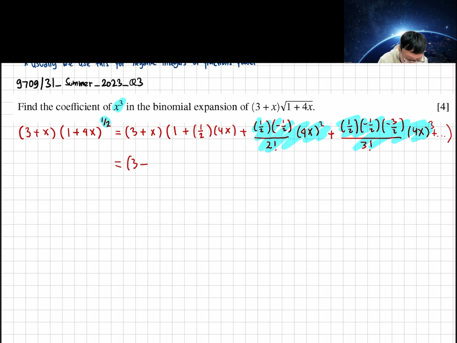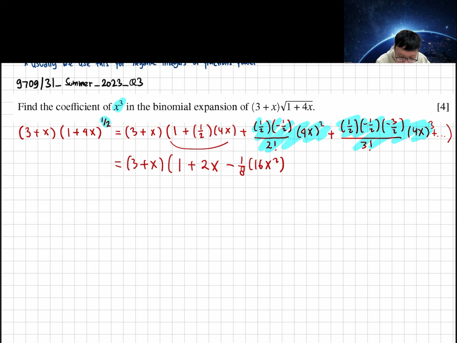We can simplify that. So 3 plus x times, we don't need this, but for practice I'm going to write it down, 1 plus 2x. And after that, we can simplify this: half times minus half over 2 factorial times 4 squared x squared gives you minus 1 over 8 times 16x squared.